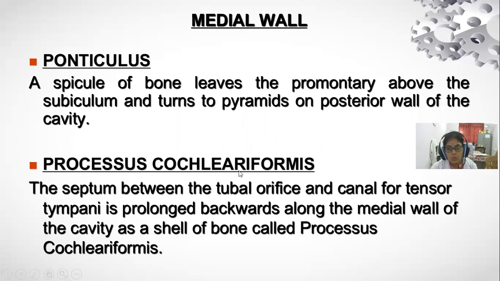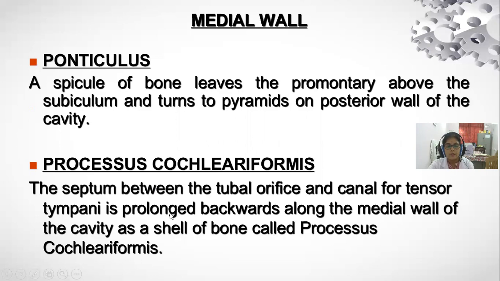What is processus cochleariformis? It's a very important landmark. The septum between the tubal orifice and the canal for tensor tympani is prolonged backwards along the middle of the cavity as a shell of bone called processus cochleariformis. Now, why is this important? It's a very important landmark as it corresponds to the first part of the facial nerve.